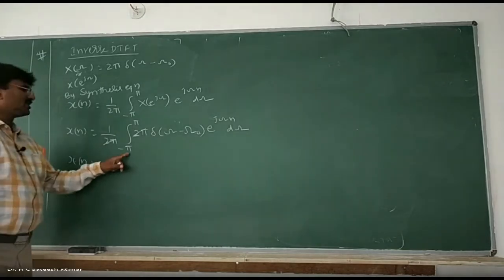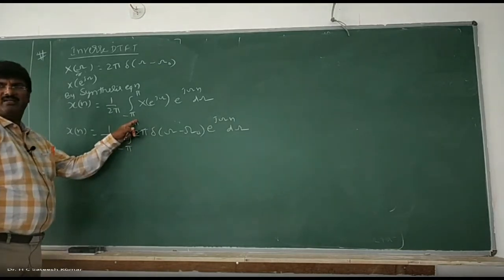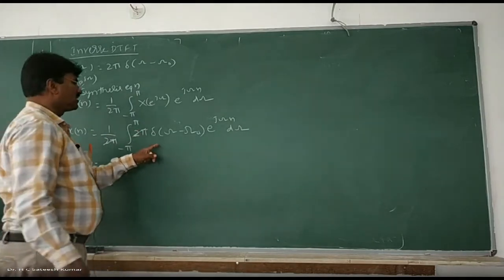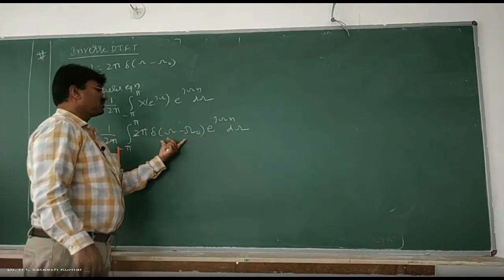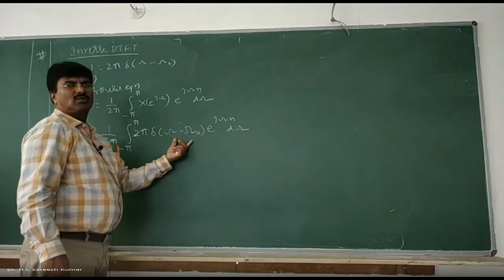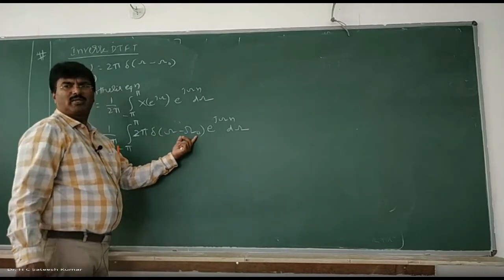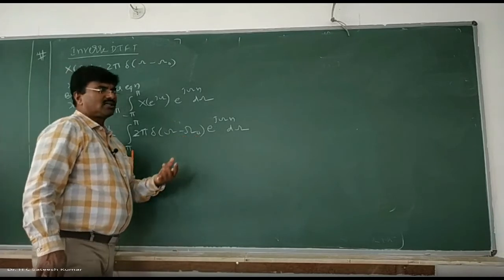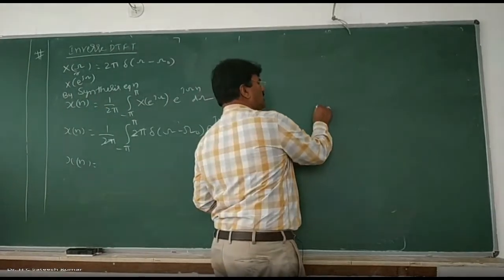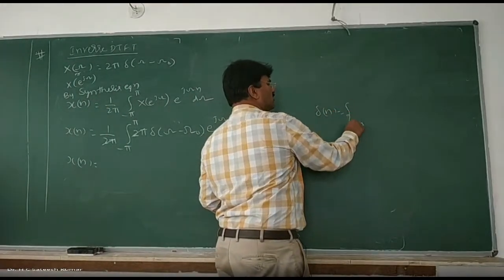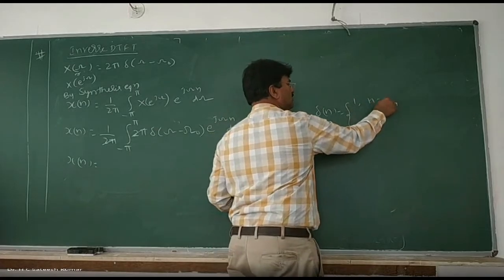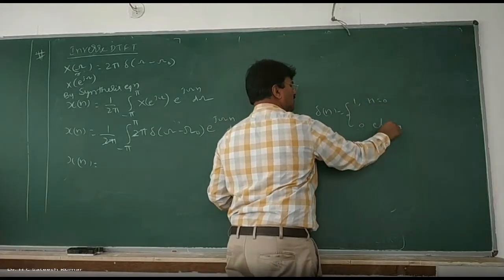Even though the integration from minus pi to plus pi is there, I am multiplying this function by a function which exists at only one place. Delta of omega minus omega naught is the delta function in the frequency domain. What is delta of n? Delta of n is equal to 1 at n equal to 0 and 0 elsewhere.